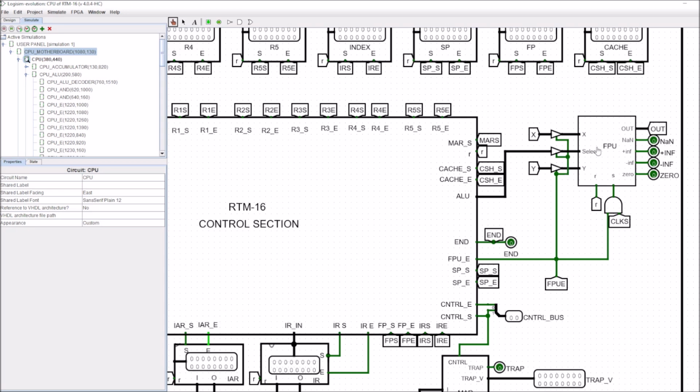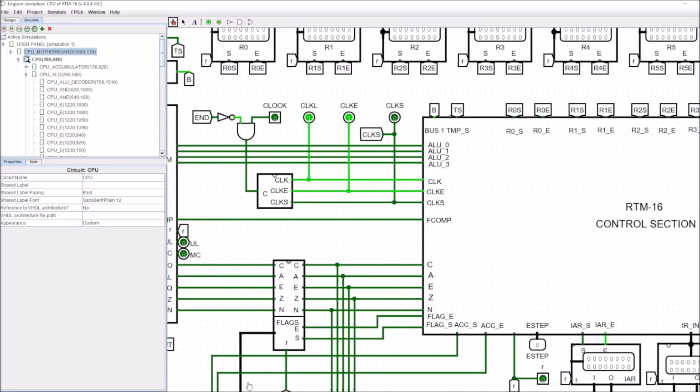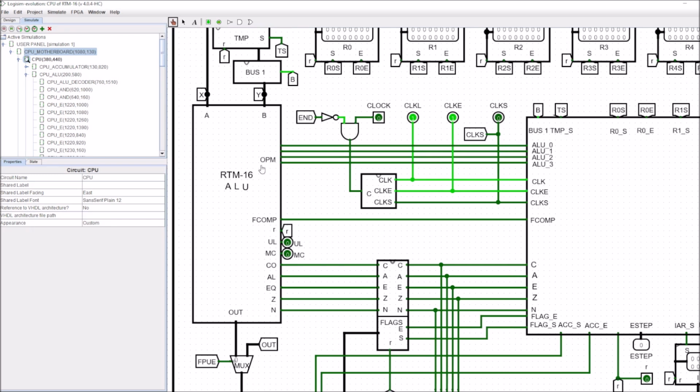So the floating point unit is going to have the select line here, and it's also going to have this FPU E here, and both of these come from the control section. So we want to have a look at those, but before we do, a thing to note is that whenever we're using the floating point unit, it means that the ALU is no longer in use.